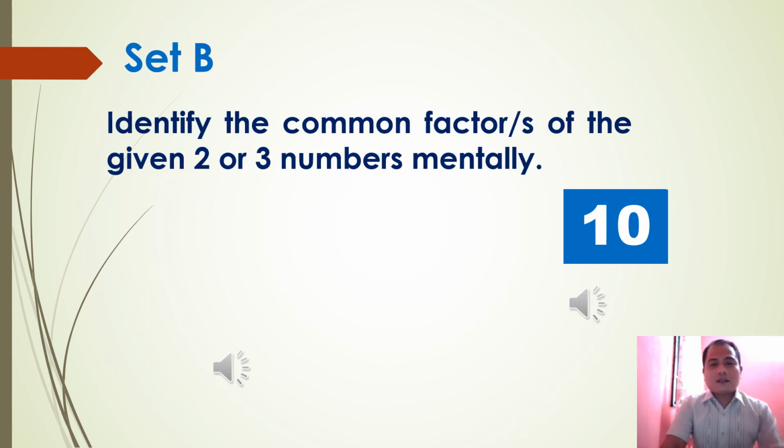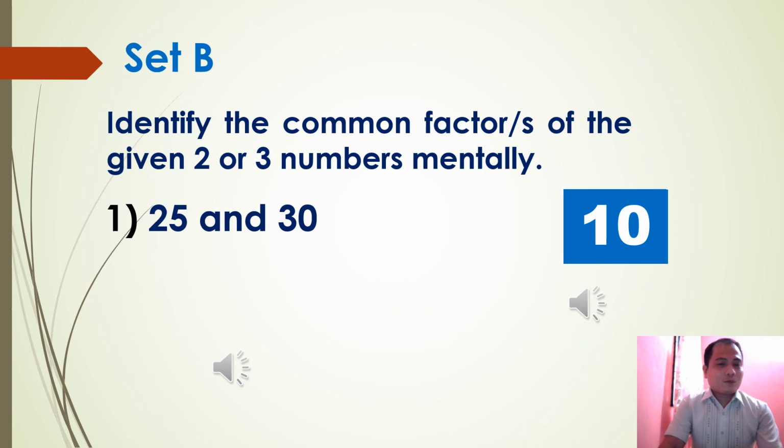Okay, let's do set B. In set B, you are given 10 seconds to answer. Just identify the common factor or factors of the given 2 or 3 numbers mentally. Number 1. 25 and 30. What are the common factors of 25 and 30?